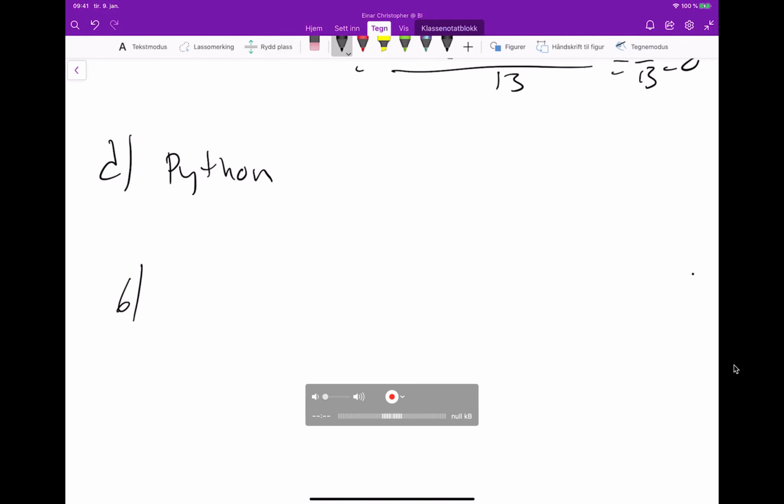So here is exercise 6. I just take some concrete information we have been given. We are going to toss coins.